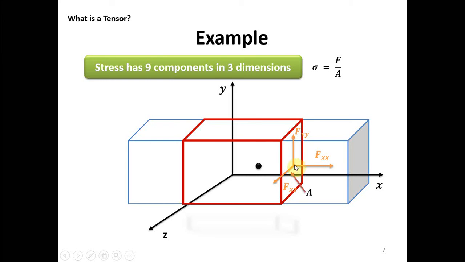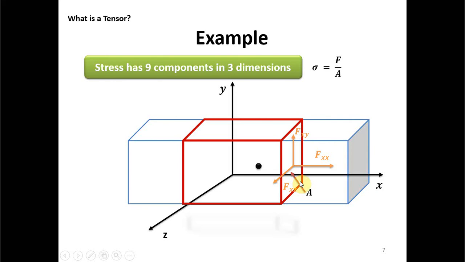For example, fxx is a force along the x-axis on this area, fxy is a force along the y-axis, and fxz is a force along the z-axis. So you see that for only one component of the area, along this plane, there are three components of a force.